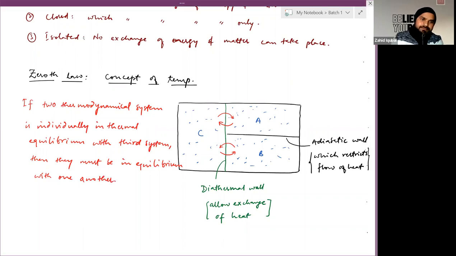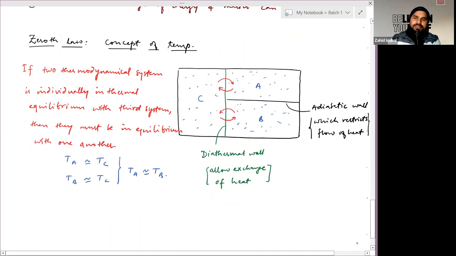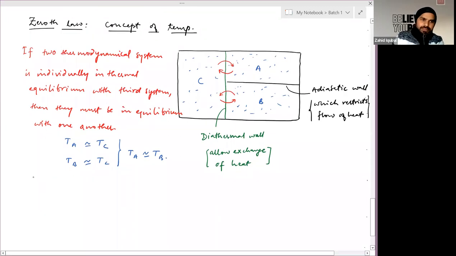It means temperature of A becomes equal to C, temperature of B equivalent to C, then A must be equivalent to B. So we can say temperature is the physical quantity which is responsible for exchange of heat between any two thermodynamical systems.